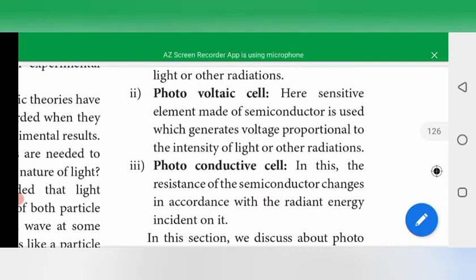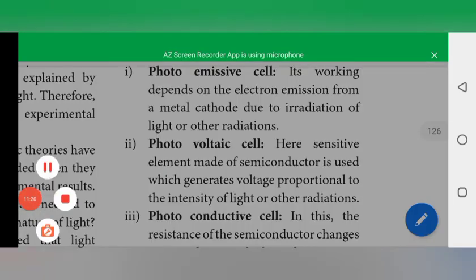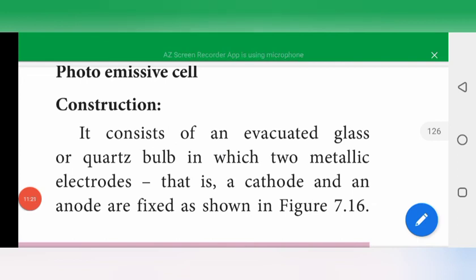So these are the different levels, changing with the metal and the intensity of the light.